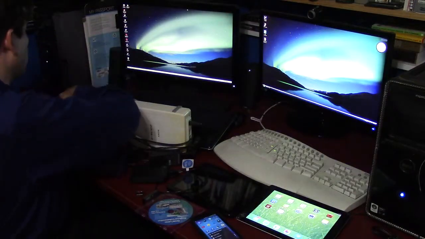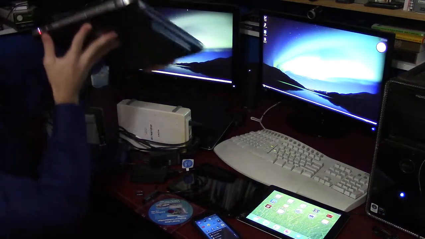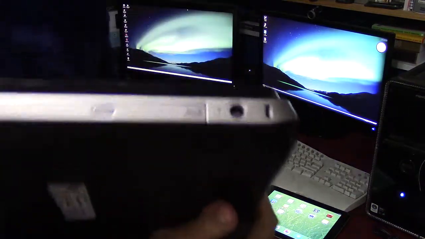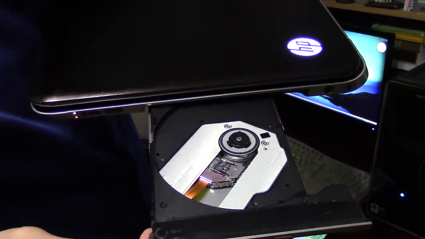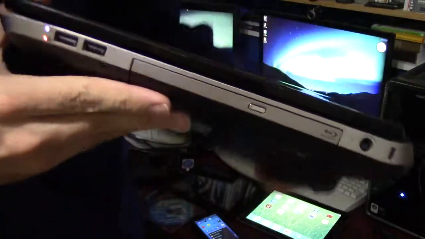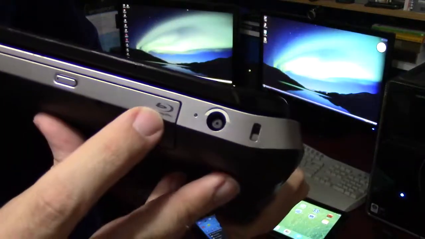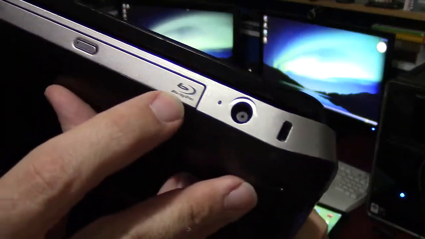We'll look at this one over here and see what it has on the side. And this optical drive, so another optical drive, looks pretty much like the other one. But the only thing it says on the side is Blu-ray disc.